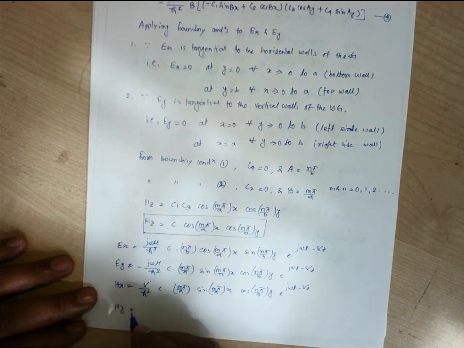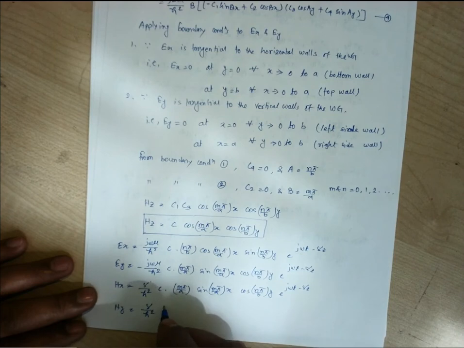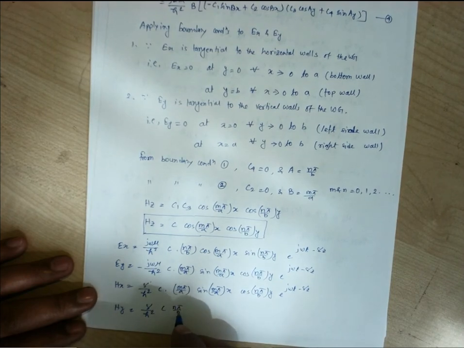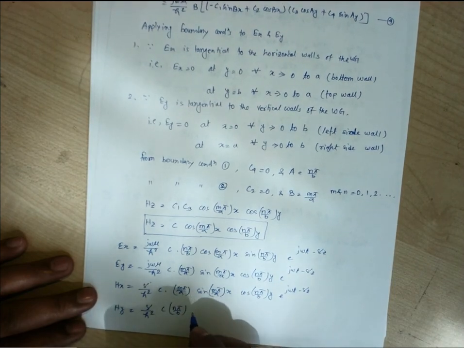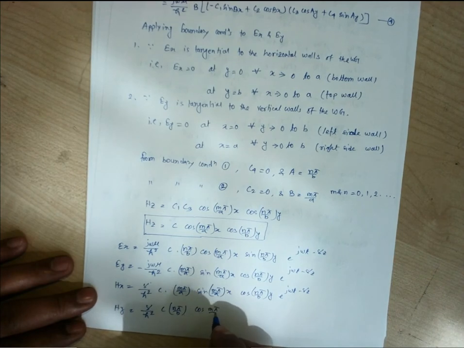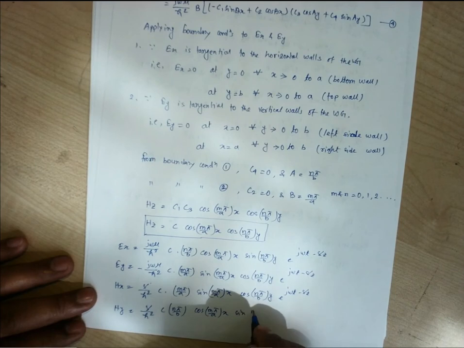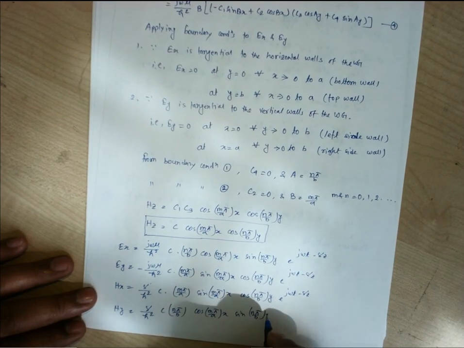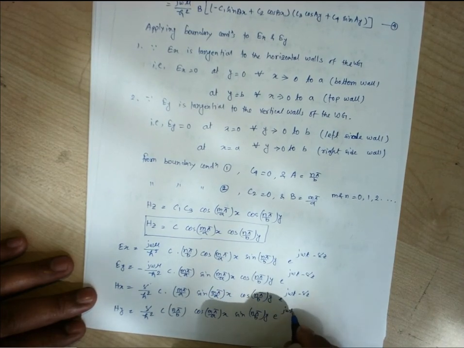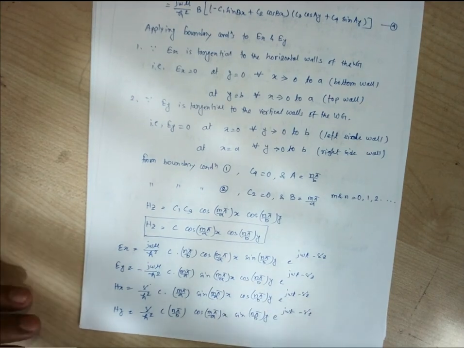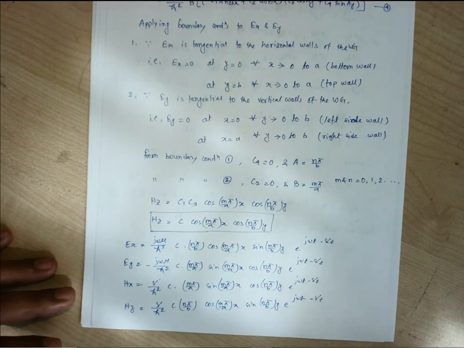Hy is gamma by h square c n pi by b cos m pi by a x sin n pi by b y e to the power j omega t minus gamma z. So these are all four field components.